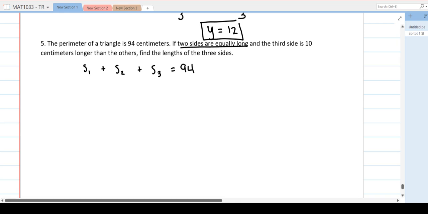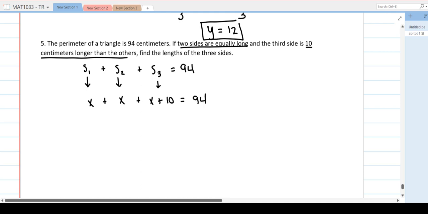So let's make both of these the same. So we're just going to say x and x. Those are both x. And then the third side is 10 centimeters longer than the others. So the third side is 10 centimeters longer than x. X plus 10. That's it.